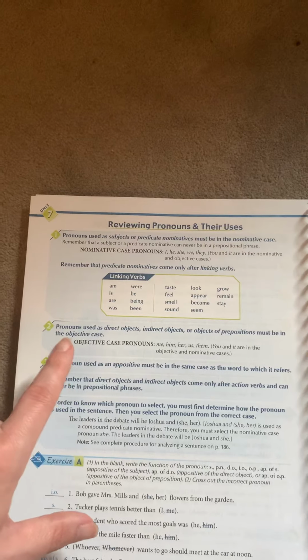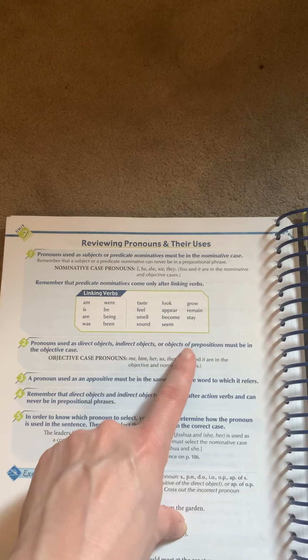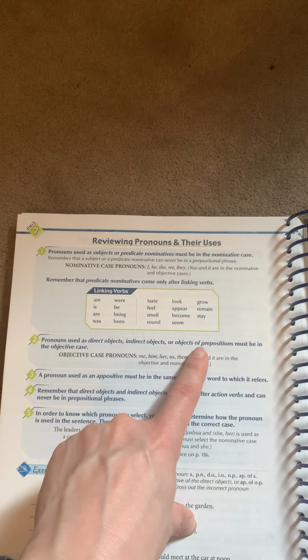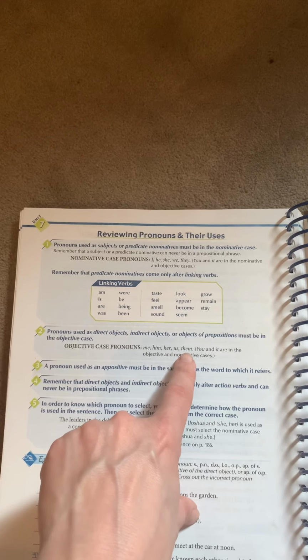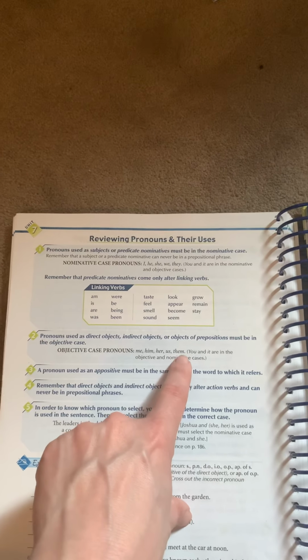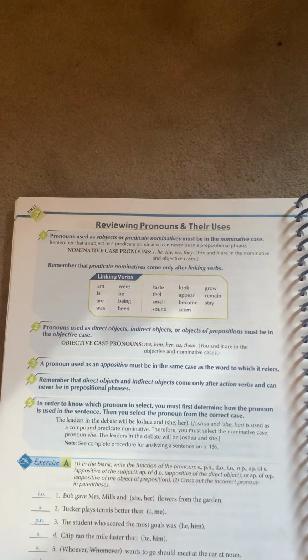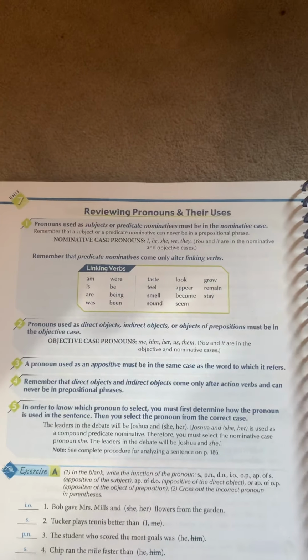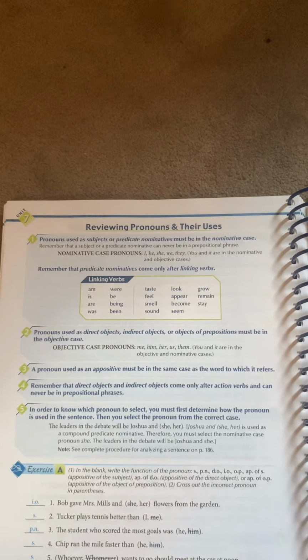And then we have down here our objective case. Think the word object, direct object, indirect object, object of a prepositional phrase. And then here are your pronouns. And remember, whom and whomever also is in that list. So make sure you feel comfortable with when to use each case of pronouns, okay?